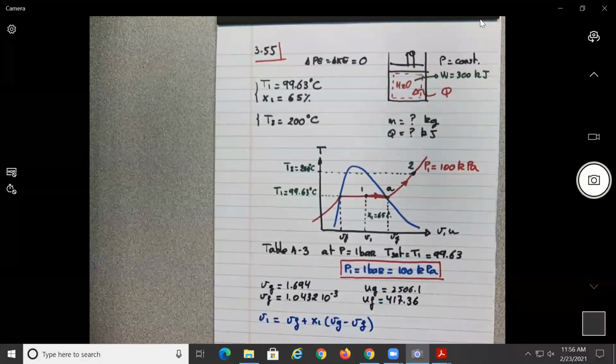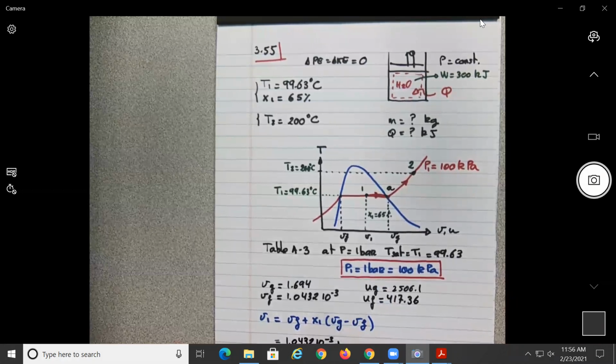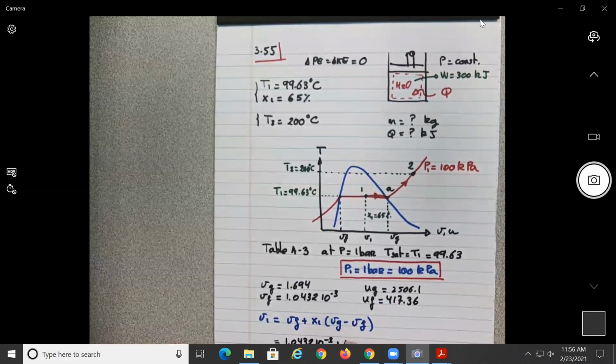Let's do the numerical application. V fluid is 1.0432 times 10 to the minus 3 plus what is X1? It is 65%, meaning that it is equal to 0.65 times V gas, so 1.694 minus 1.0432 times 10 to the minus 3.